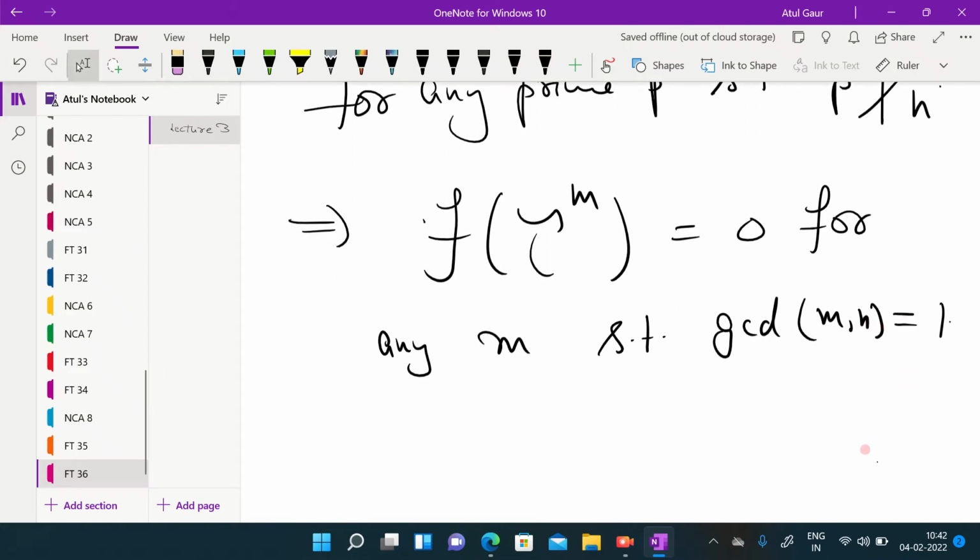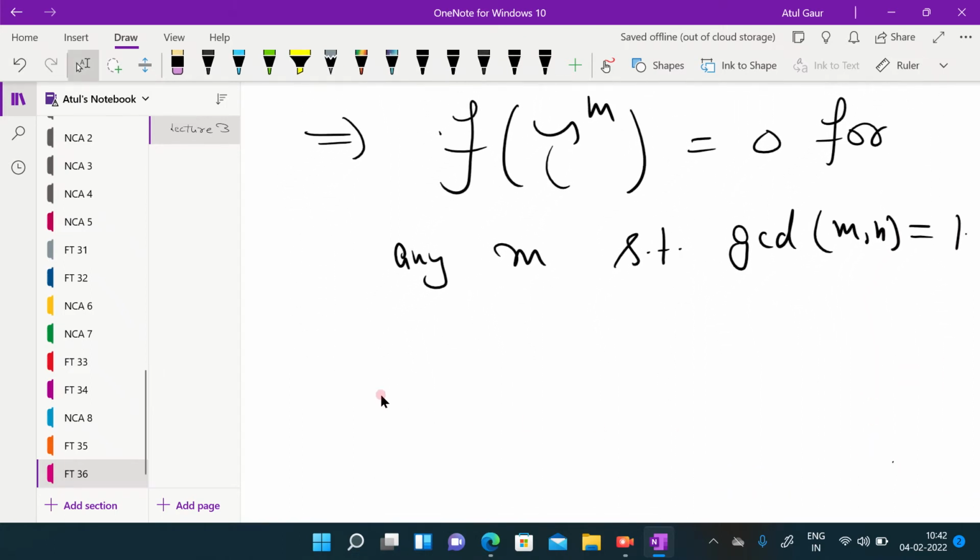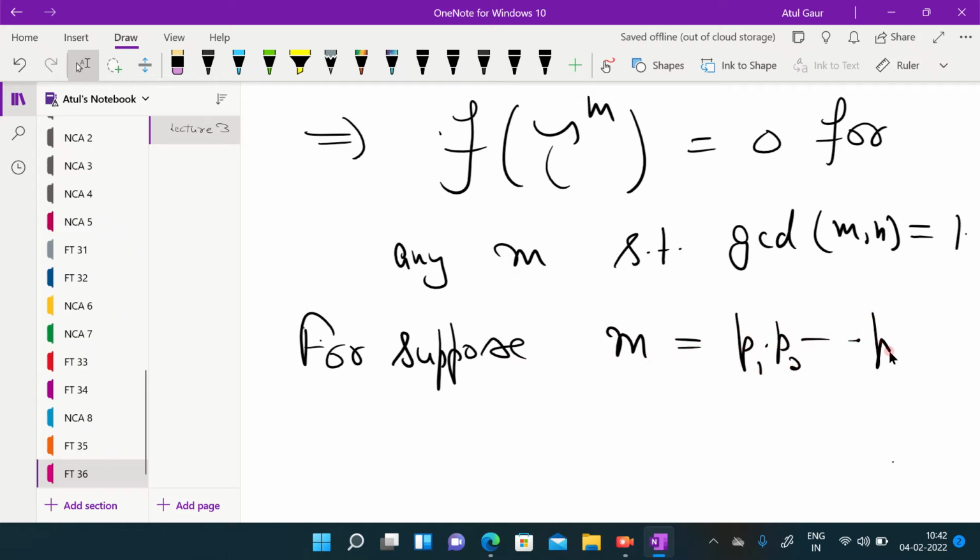Is it not? Because suppose you take the prime factorization of m. You can write it as p1 p2 up to pk. Some of these primes may be the same, it doesn't matter; p1 may be equal to p2, doesn't matter. Now what is tau? A primitive nth root of unity.